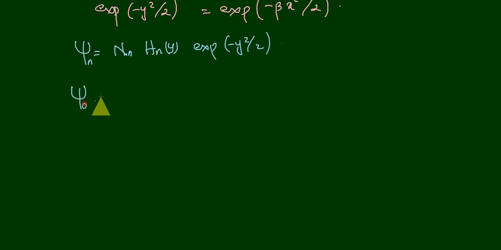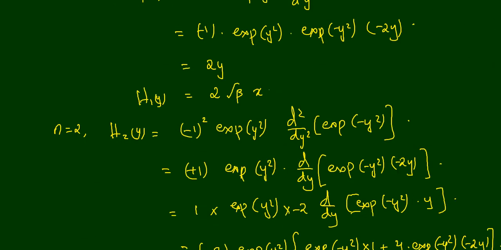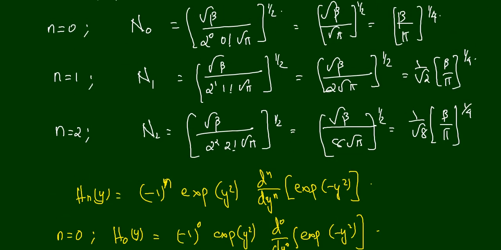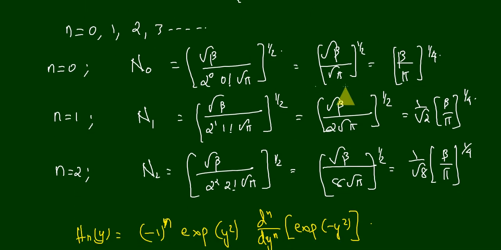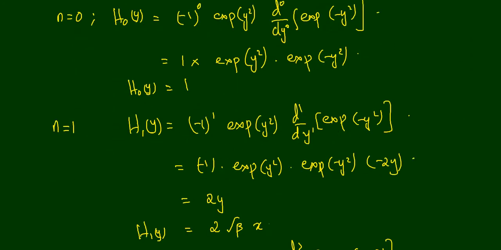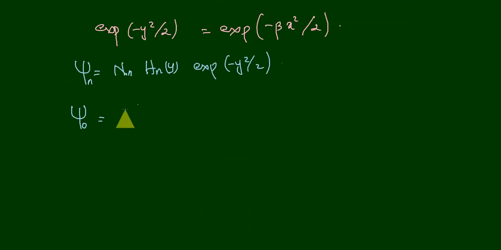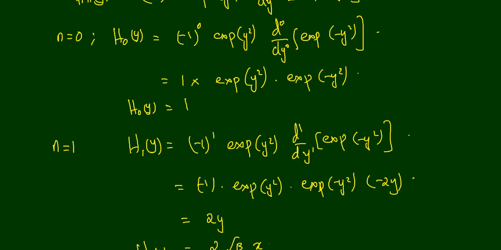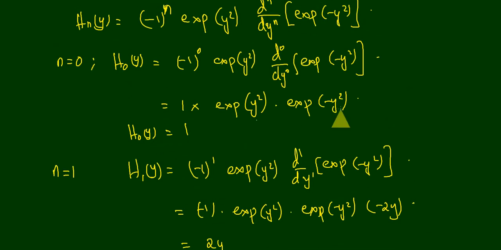So psi 0 is equal to n0. What is n0? We have already calculated n0, which is beta by pi raised to 1 by 4, right? So let us write beta by pi raised to 1 divided by 4 into h n y, and in our case h0y. And what is h0y? We have calculated h0y is equal to 1.